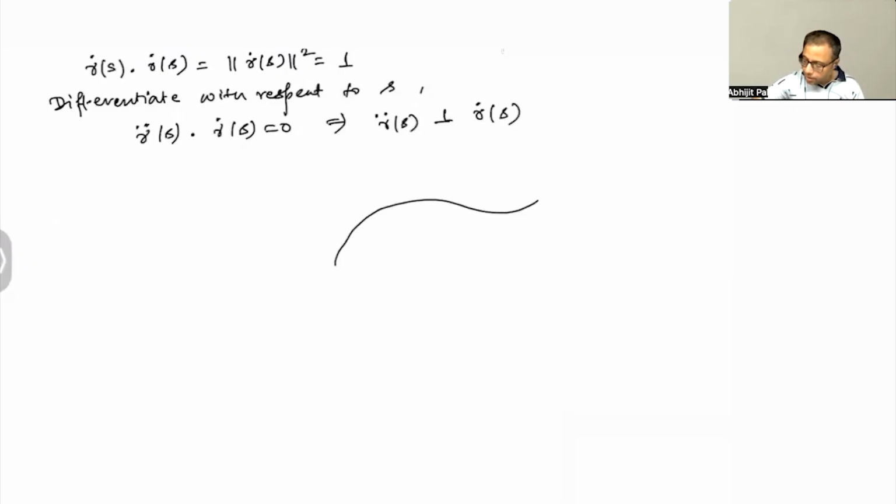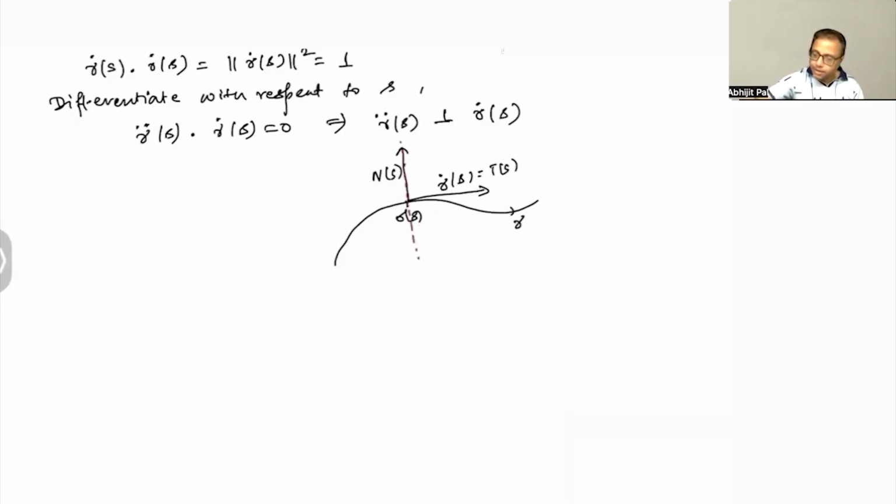So we have this curve gamma, and this is my tangent vector gamma dot s, and we have this normal vector N(s). This gamma double dot s is again perpendicular to this gamma dot s. So this implies that gamma double dot s will be along this line.